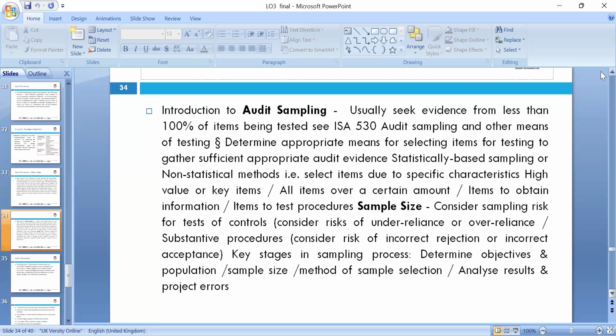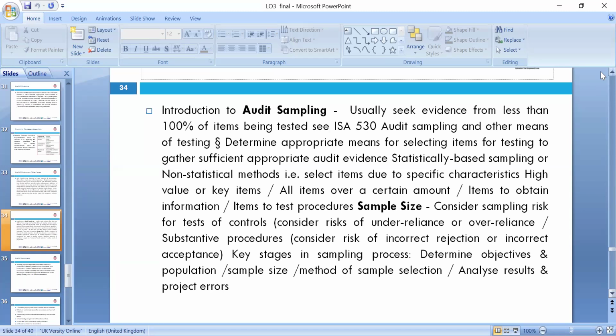So audit sampling: usually the evidence is less than 100% of items tested, see International Standard on Auditing 530, sampling and other means of testing. And of course, detailed observation methods can be used as well.